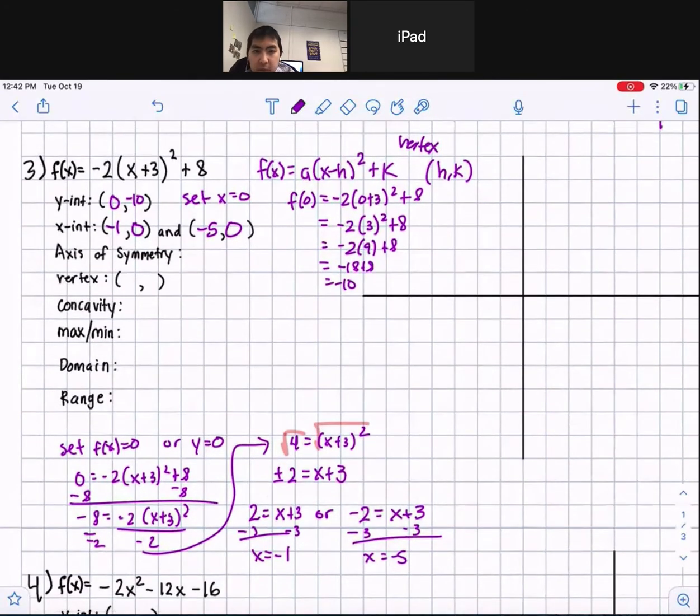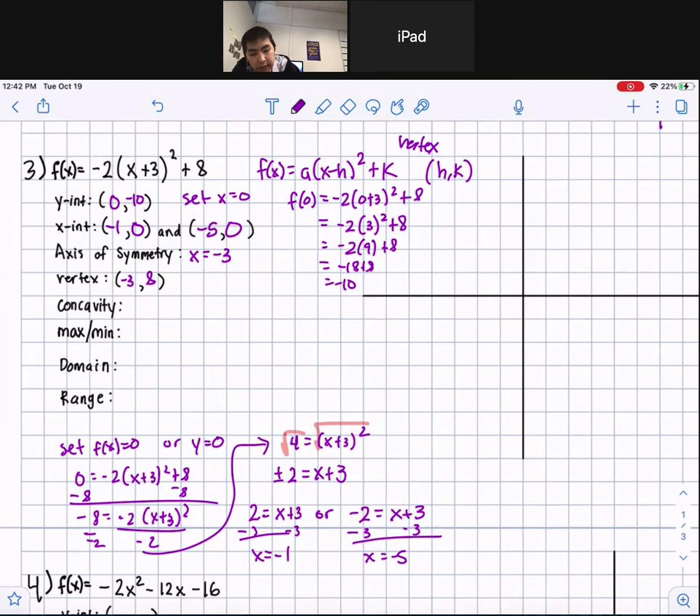Now, the beautiful thing about vertex form is you have your vertex, which is the opposite of this and the same as this, so (-3, 8). Your axis of symmetry is x equals -3. Remember? Because it's the x-coordinate of your vertex. Concavity: look at your a value.